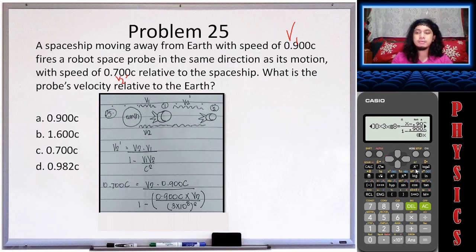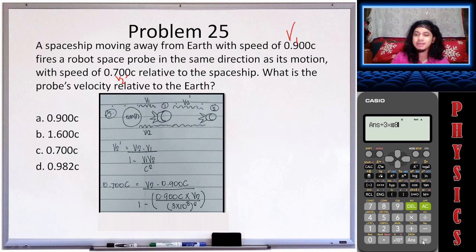Gagawin natin, shift solve. Yan ang lumabas. So, paano yan? Puro naman C yung nakalagay dito. Makikita nyo yung letter B, mali na agad, 1.600 c. Bawal nga mag-exceed sa speed of light. Kailangan natin kunin yung fraction ng speed of light. Para mas madali, i-divide nyo lang ng 3 times 10 to the 8.